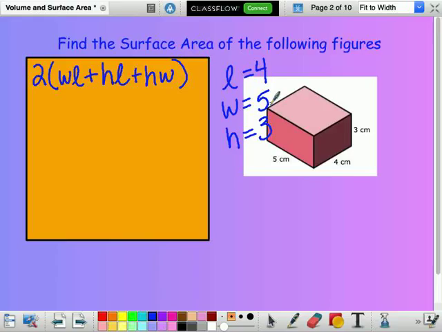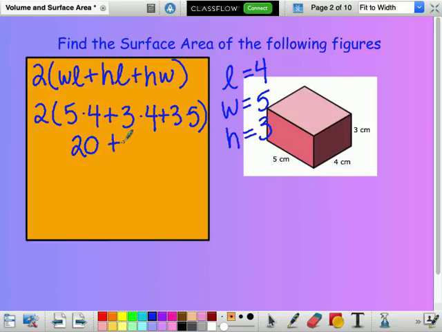All right, so now I'm just going to plug in. The width is 5, length is 4, plus 3 times 4, plus 3 times 5. According to order of operations, I'm going to multiply first. So 5 times 4 is 20, plus 3 times 4 is 12, plus 3 times 5 is 15. I just add these in whatever order is easier.